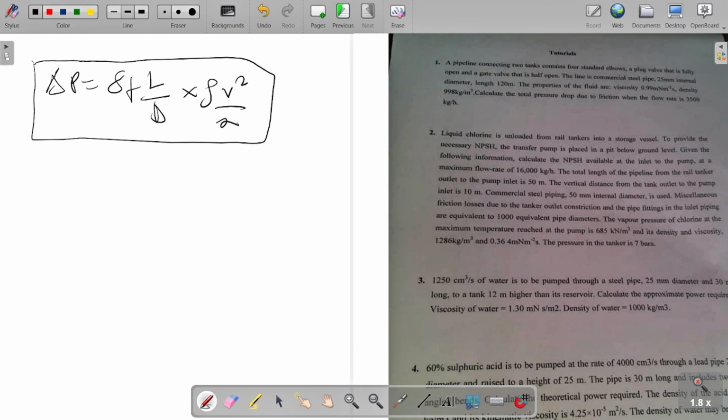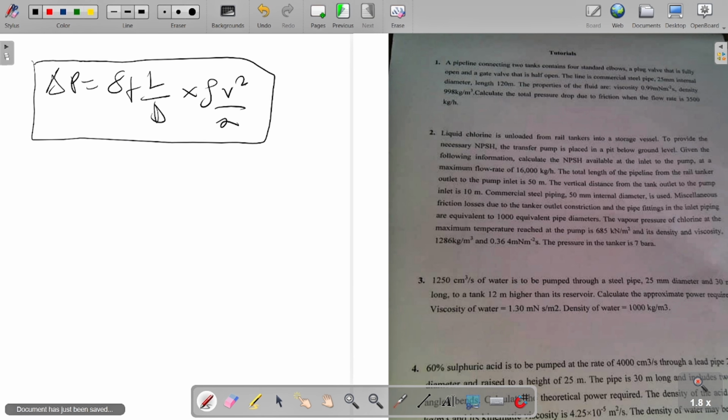So when we are reading the Moody chart from any reference material, you make sure that you use the equation that has been assigned to that Moody chart, right? Because the friction factor there can either be a Darcy friction factor or the Fanning friction factor, right? So that's the relation you're going to use to solve for the pressure drop in the piping system.